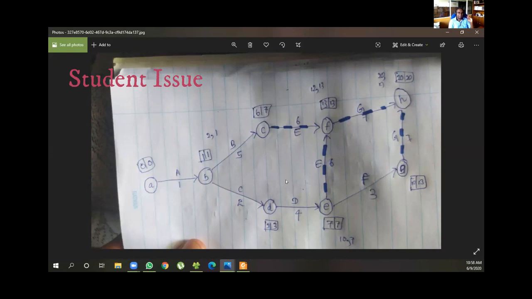In the context of the diagram, there should be one place, because this activity starts after both D and B. There should be one place where both D and B finish. Here, what you have done is there are two activities of E. E is one activity, and it has two predecessors.